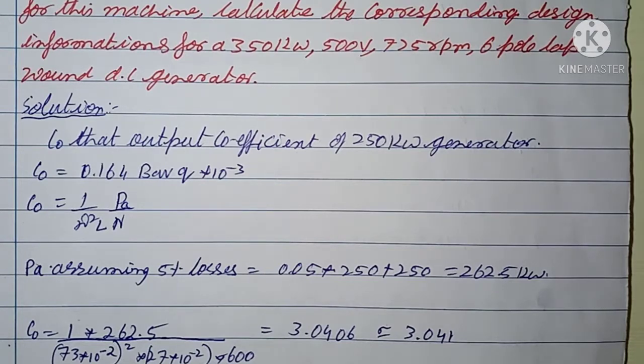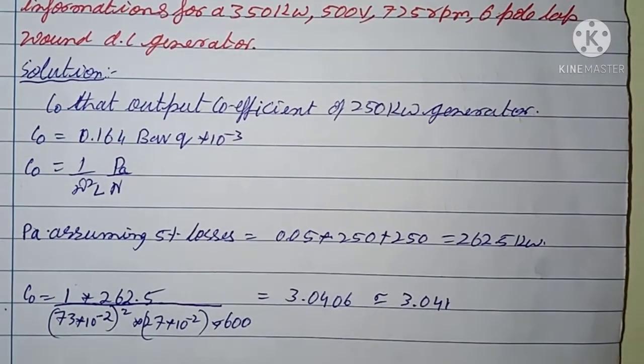We have the diameter and the length, so by substituting for P_a the value we have got, it is 262.5 divided by 73 into 10 raised to minus 2, whole square, into 27 into 10 raised to minus 2, that is 27 centimeter converted to meter, into 600, that is the n. We get 3.0406, or approximately 3.041.